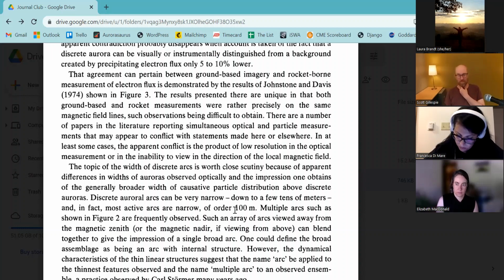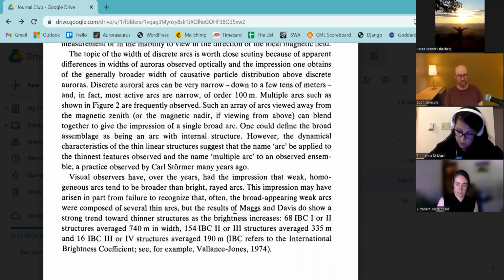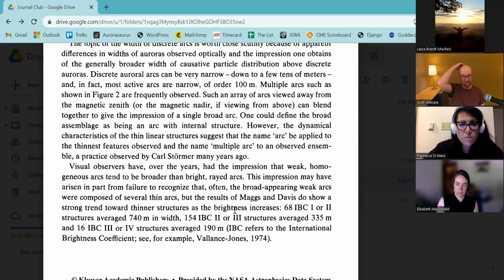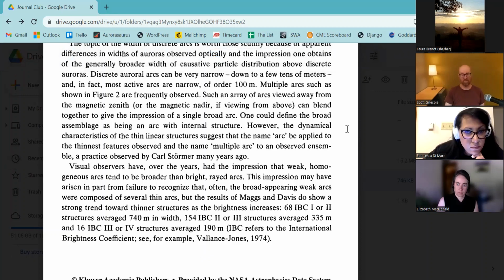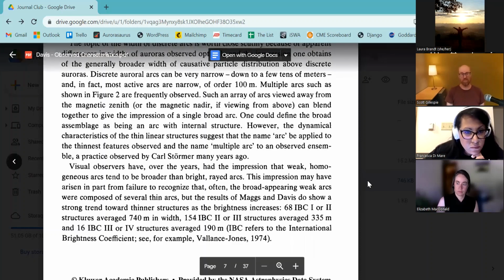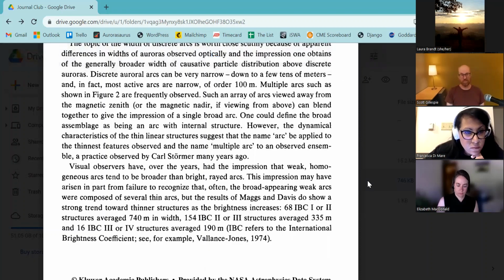The topic of the width of discrete arcs is worth close scrutiny because of apparent differences in the widths of auroras observed optically and the impression one obtains of the generally broader width of causative particle distribution above discrete auroras. Discrete auroral arcs can be very narrow, down to a few tens of meters. And in fact, most active arcs are narrow, of order 100 meters. Multiple arcs, such as shown in Figure 2, are frequently observed.